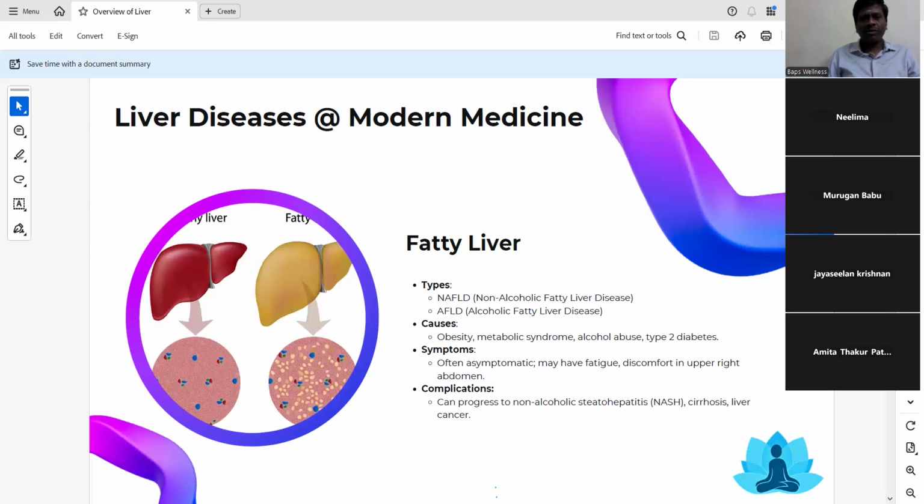Second is alcoholic hepatitis, where the liver is inflamed due to alcohol, and this may cause liver cell damage. Then alcoholic cirrhosis, the final stage, where severe scarring of the liver cells occurs and the damage is irreversible. So it is a serious condition.